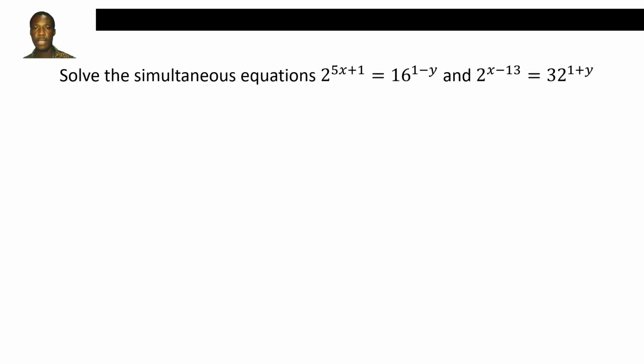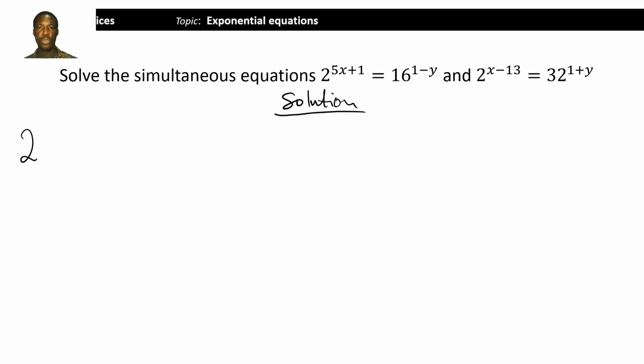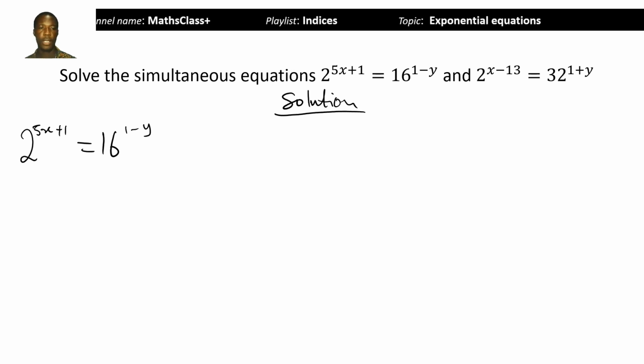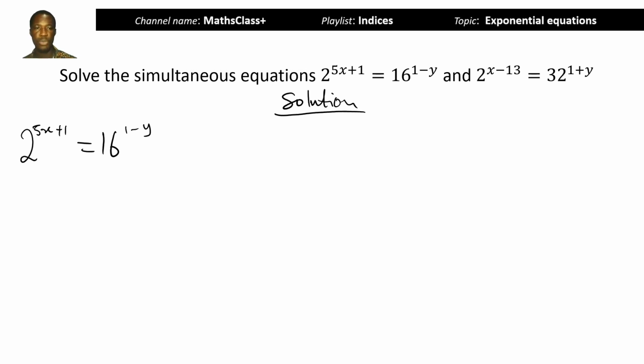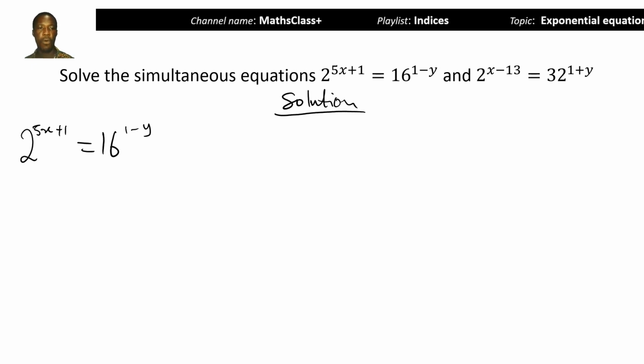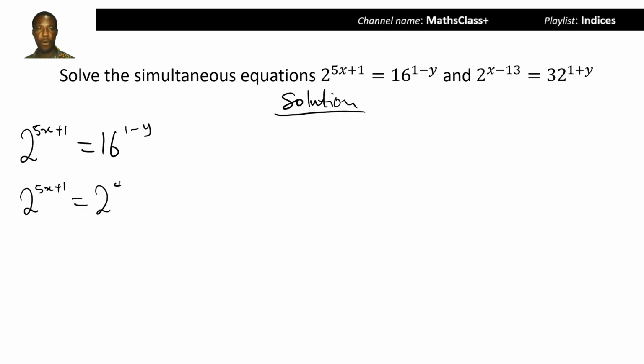So this is our next example. We solve, we have 2 to the power 5x plus 1 equals 16 to the power 1 minus y. So we rewrite 16 as 2 to the power 4. So we have 2 to the power 5x plus 1 is equal to 2 to the power 4 multiplying 1 minus y.